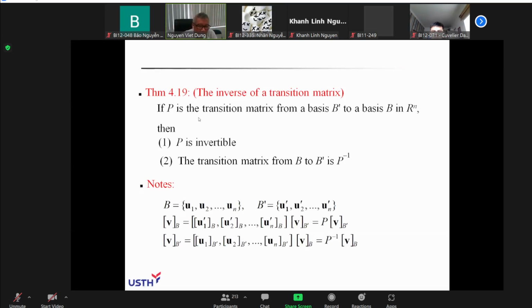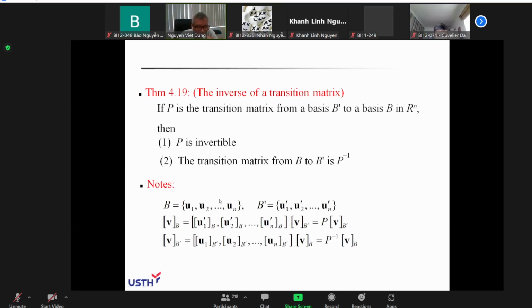Suppose that P is a transition matrix from a basis B prime to a basis B. Then the first claim says that P is invertible. The second claim says that the transition matrix now from B to B prime is P inverse, the inverse of P.